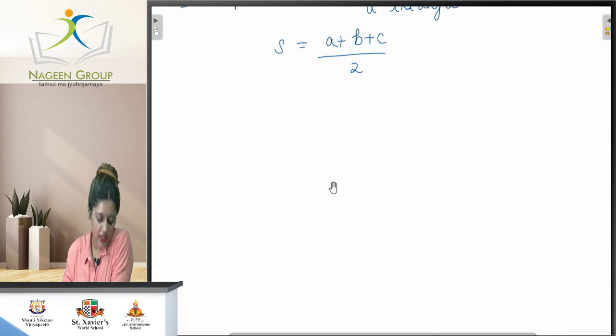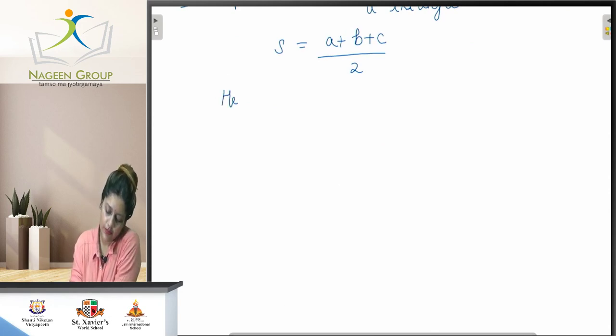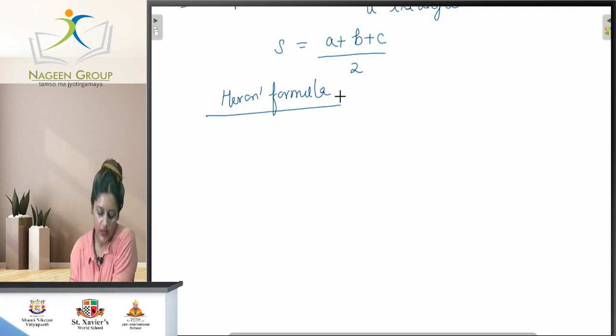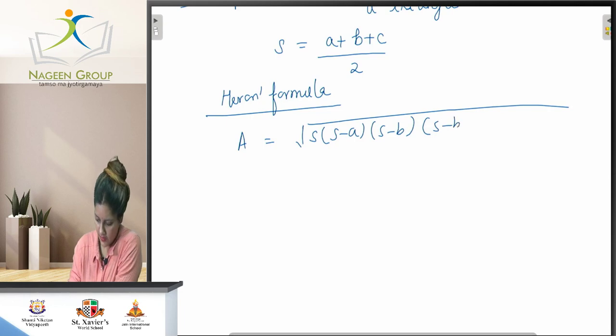Next one, last but not the least, is Heron's formula. That is, the area A is equal to the square root of S times (S minus A) times (S minus B) times (S minus C).